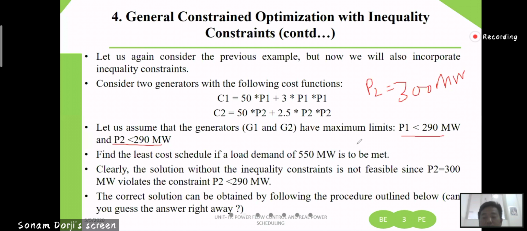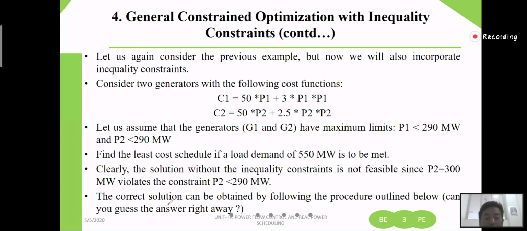P1 is fine within the constraint, but P2 is violating it. It has to generate 300 megawatt, but its maximum capacity is 290 megawatt. So in such a case, how to solve? The correct solution can be obtained by following the procedure outlined below. You can just guess what the answer will be, but the following procedure can be adopted.